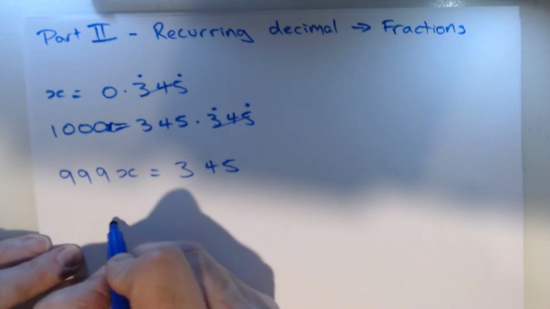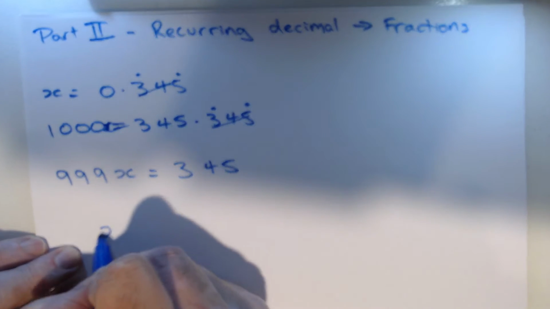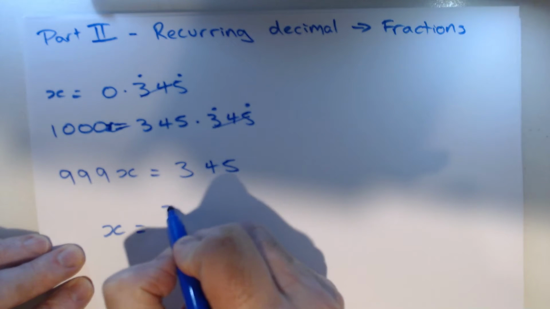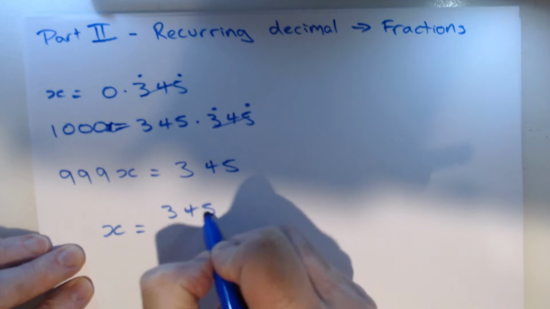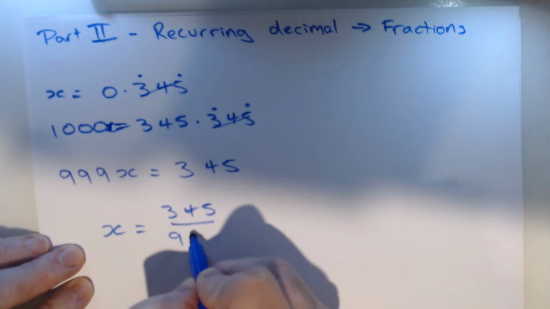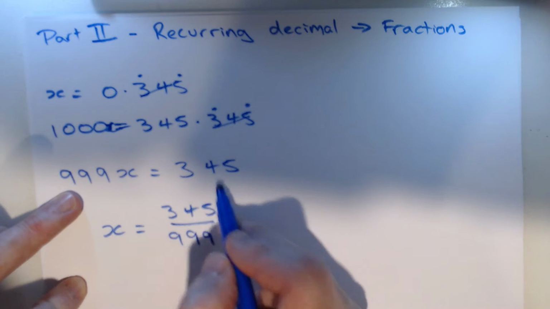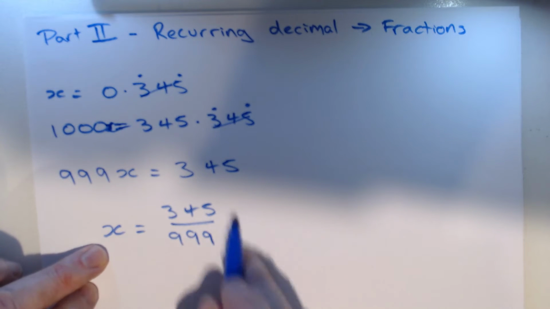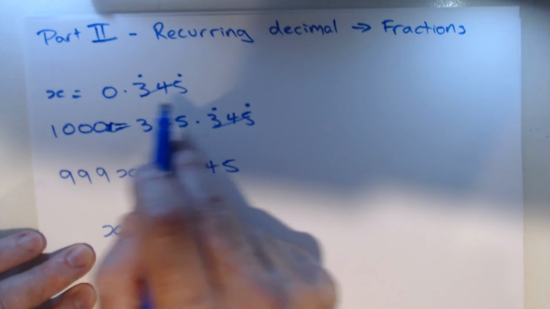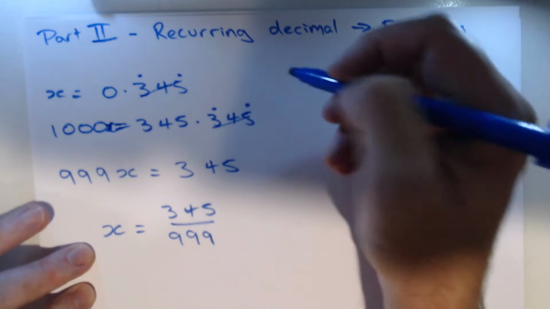We can then do some simple division, and we find that x is going to be equal to 345 over 999. Divide both sides by 999 and you end up with a fraction for our recurring decimal.